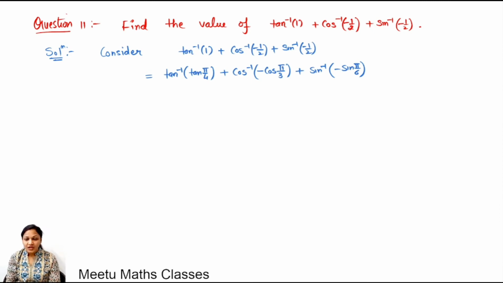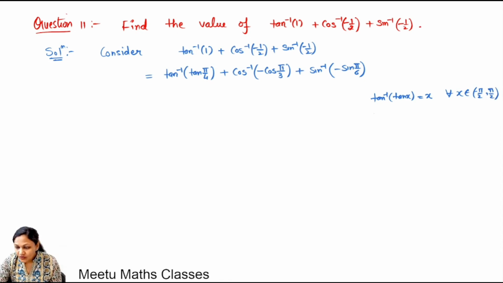Okay. Now we know that tan inverse of tan x is equals to x for all x belongs to open interval minus pi by 2 to pi by 2. Okay.